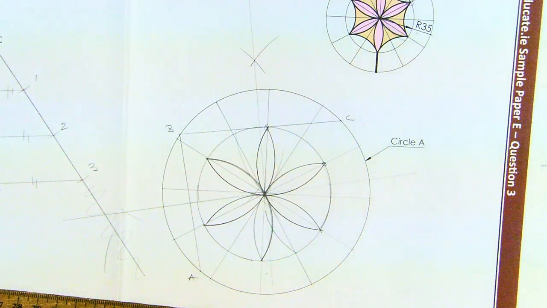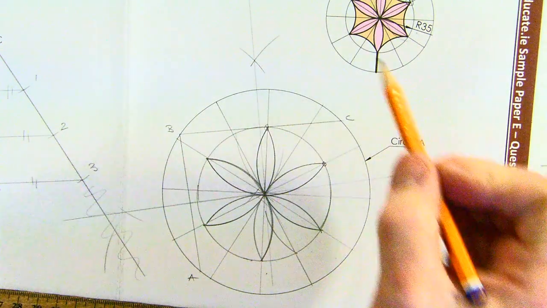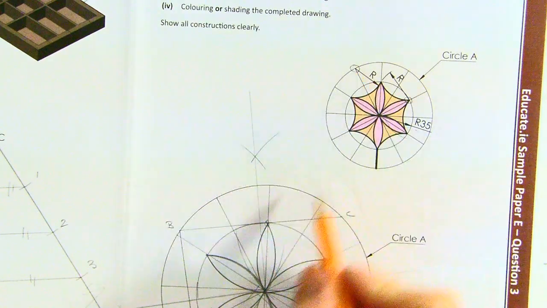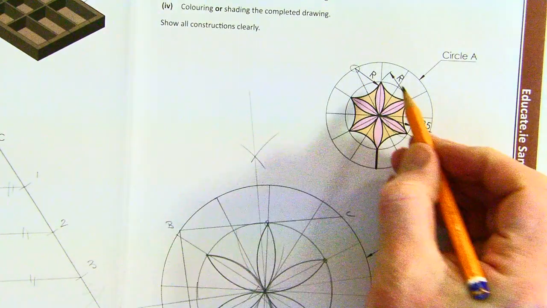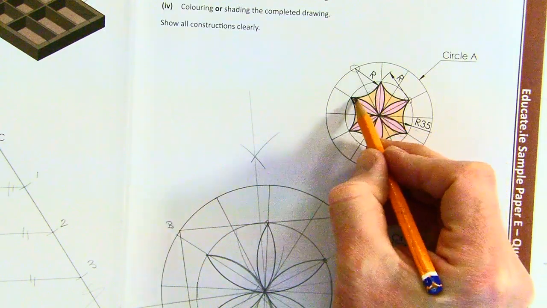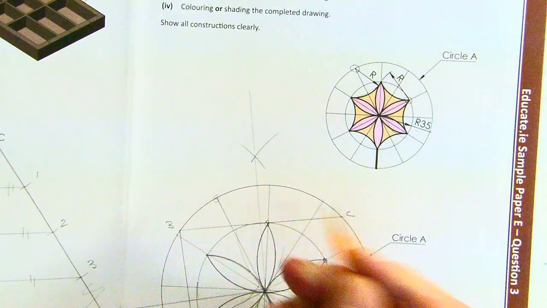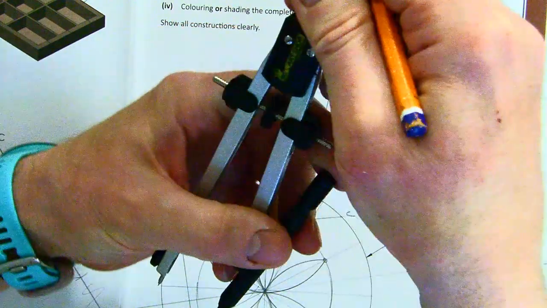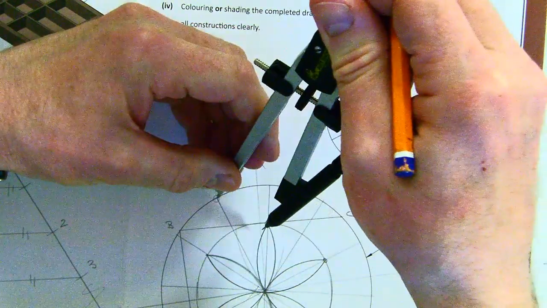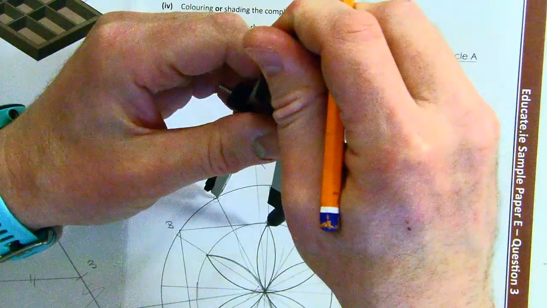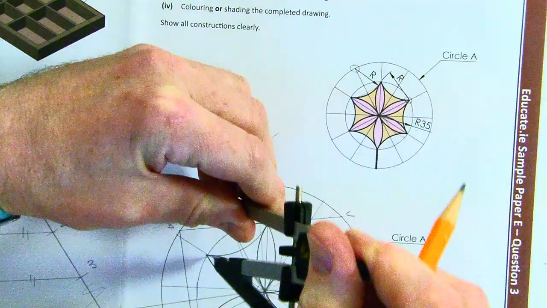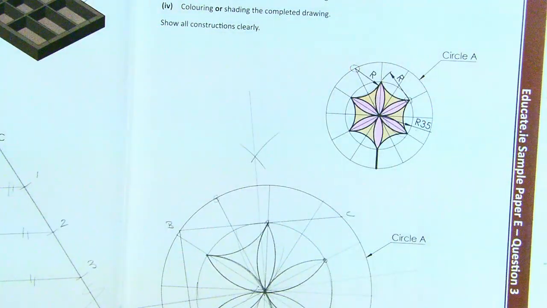Now, so that's the design of the flower in the middle. We've also got this point here, and we're told we have to measure into here to get the radius. So we get this point here, measure into here now, and draw that arc nice like that.